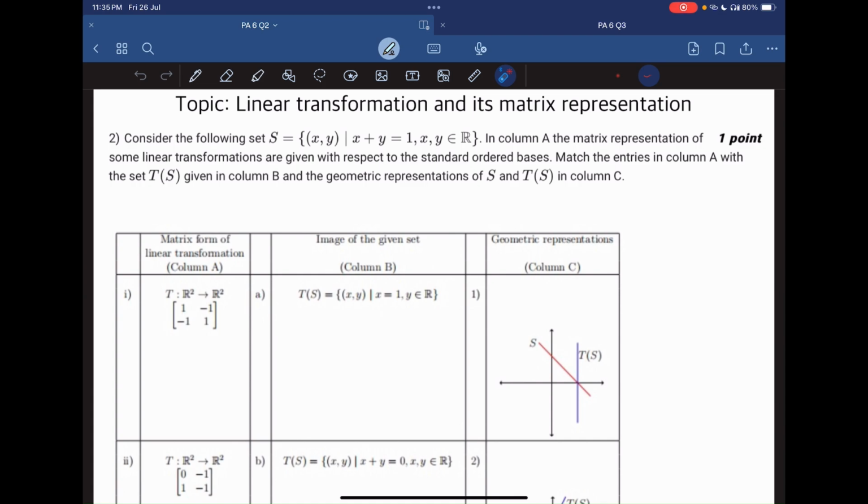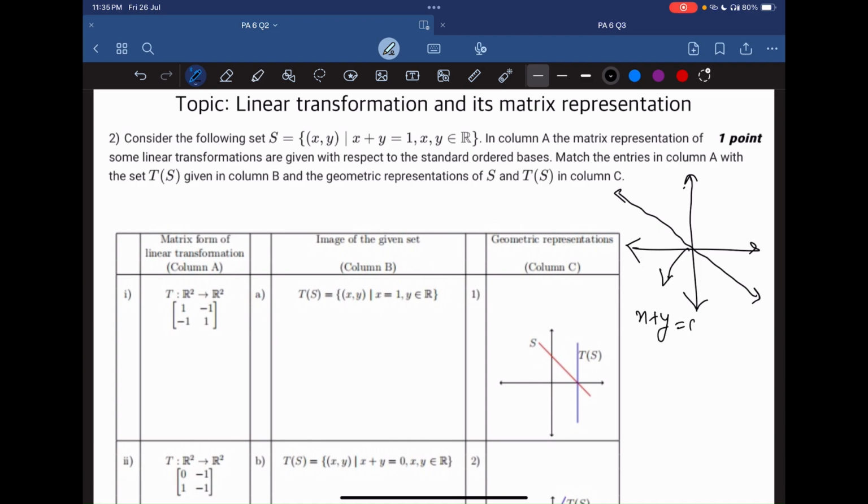So first we can clearly see that S is the set of all elements such that x plus y is equal to 1. We know that the line x plus y is equal to 0 looks like this. So this is the line for x plus y is equal to 0.